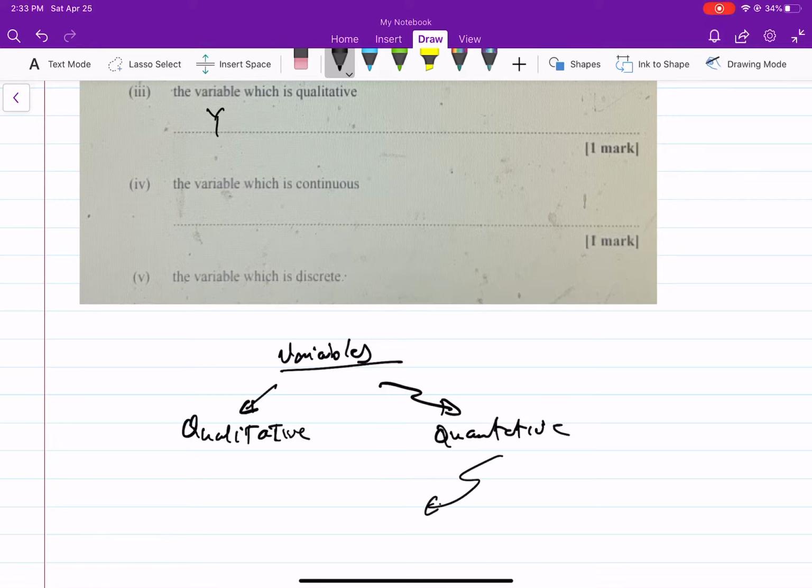Quantitative variables can further be broken up into discrete and continuous. A discrete variable would be one in which you can only use whole number values to represent it. A continuous variable would be one in which you can represent it within a given range or to a certain degree of accuracy, to a certain number of decimal places.